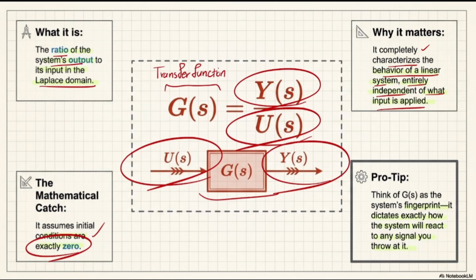If you remember derivatives and integrals from calculus, it is very important to know what the initial condition of your system was. At this point, we assume that everything is going to start from flat, from scratch, so we don't have that kind of initial condition.